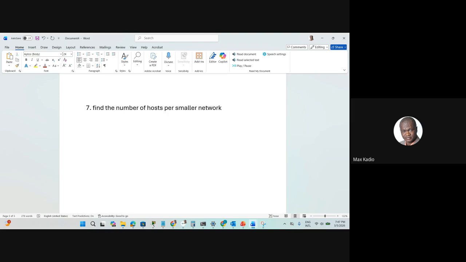So the formula is 2 to the power of remaining bits, minus 2. So this is the formula to find the number of hosts.